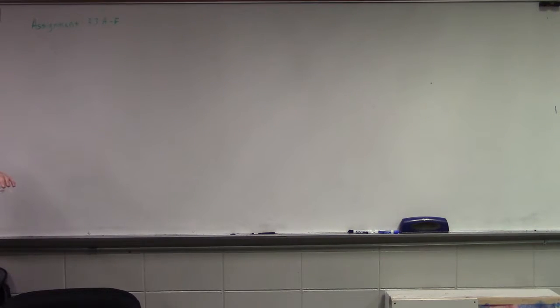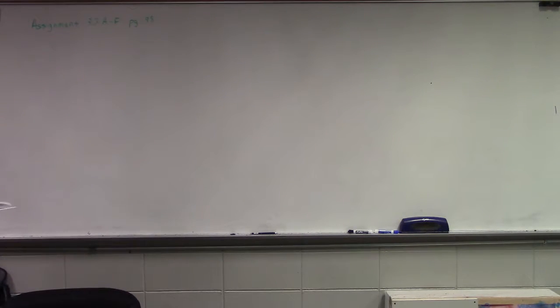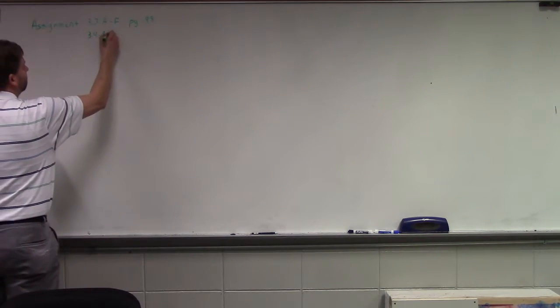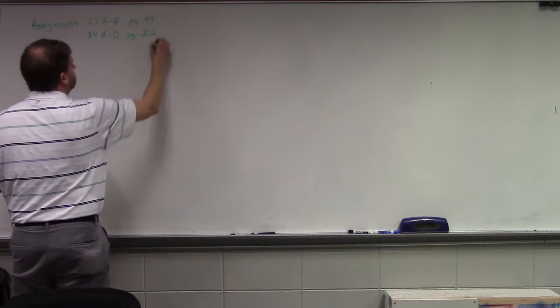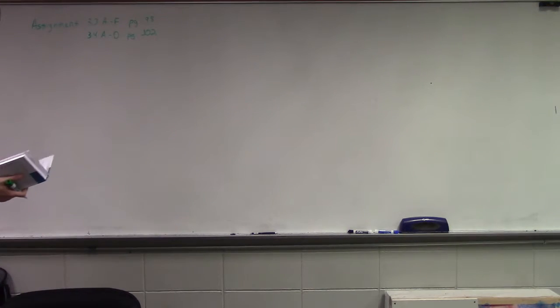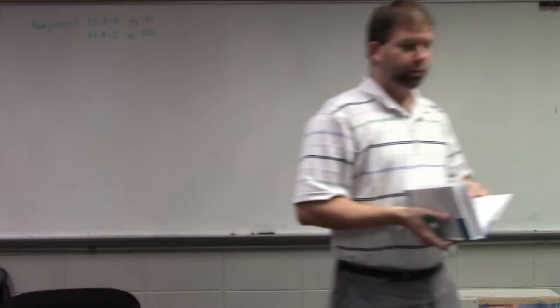Oh, sorry, which page? 3.3 is on page 98. And then I have AB there, and then 3.4 A through D. 3.4 is on page 102. 3.3 A through F is on page 98.